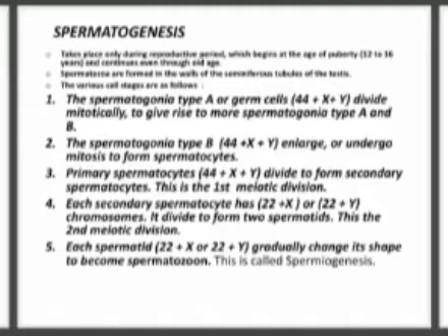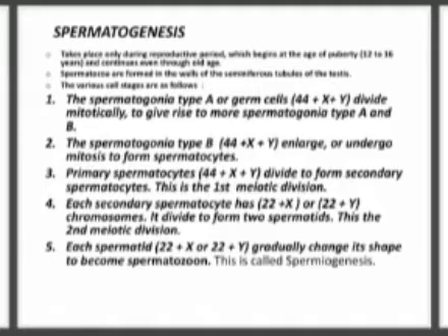The spermatogonia type A, or germ cells, with 44 autosomes plus X plus Y, divide mitotically to give rise to more spermatogonia type A and type B. Spermatogonia type B, 44 autosomes plus X plus Y, enlarge and undergo mitosis to form spermatocytes. Primary spermatocyte having 44 autosomes plus X plus Y divides to form secondary spermatocytes. This is the first meiotic division.